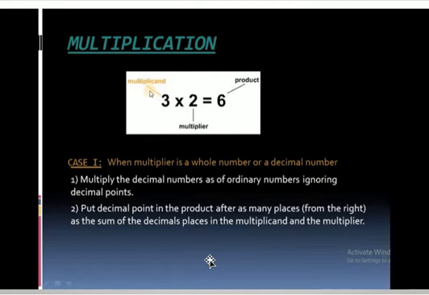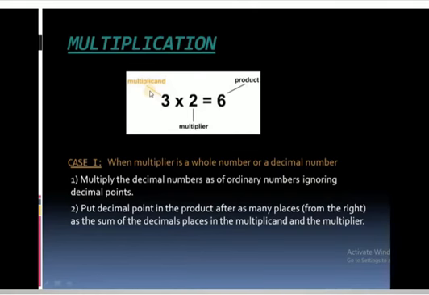Then multiply them as normal numbers, and after you have multiplied them correctly, then you have to put the decimal point in the answer, right? And how do you do that?